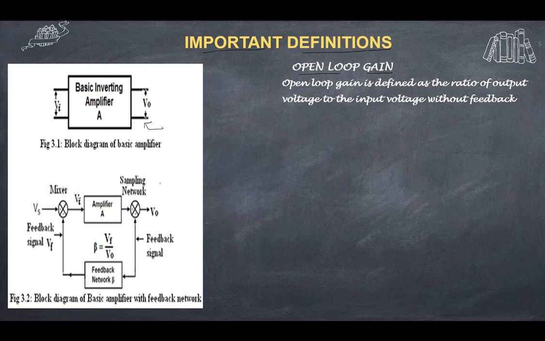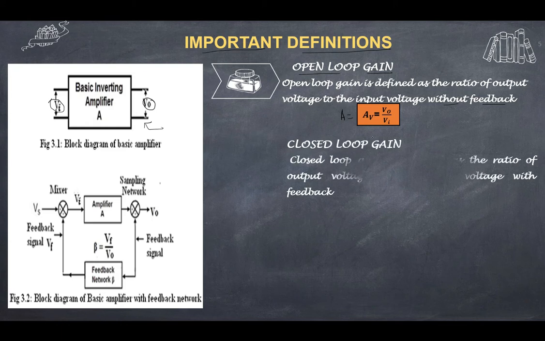Open loop gain is the ratio of output voltage to the input voltage without feedback. I should mention this word, without feedback. So I can easily write the equation as A = VO/VI, or I can even write it as AV. This can even be written simply as A. A = VO/VI.